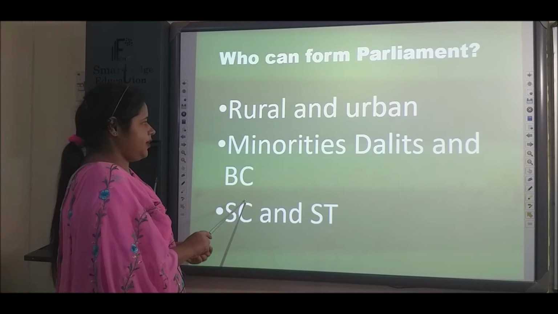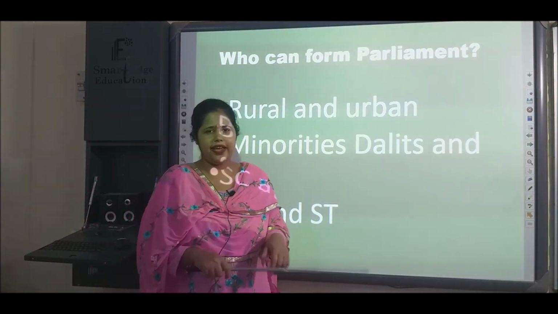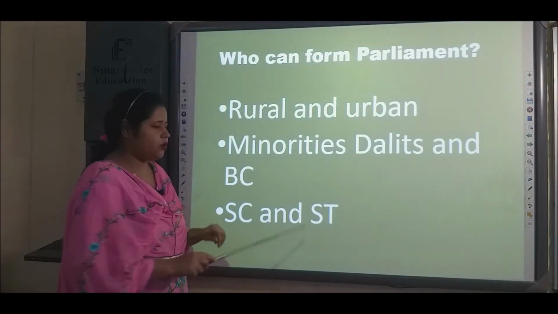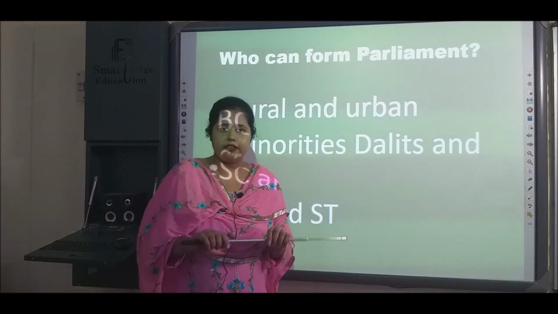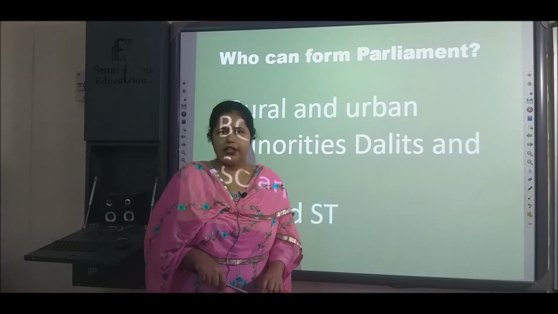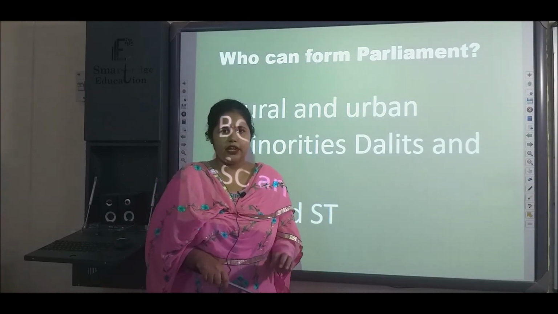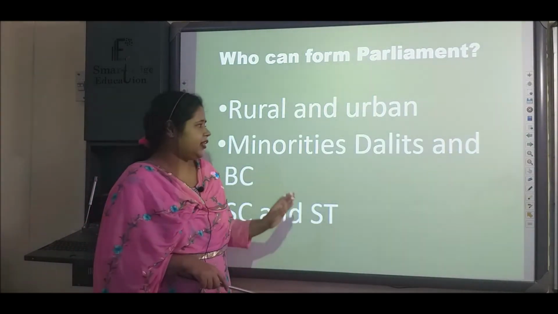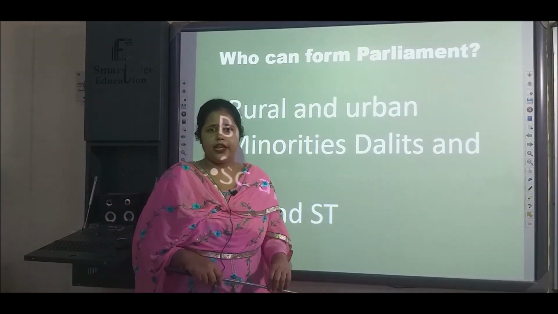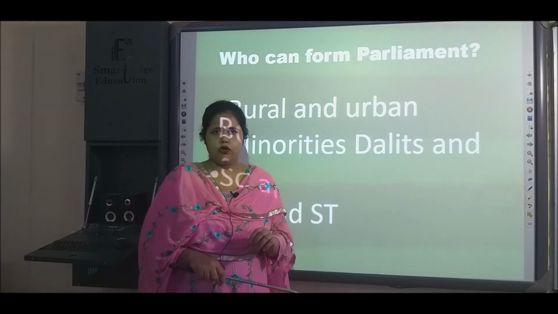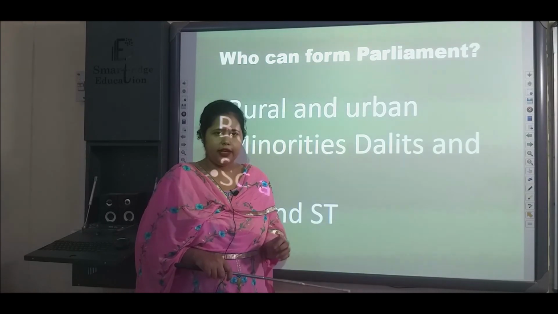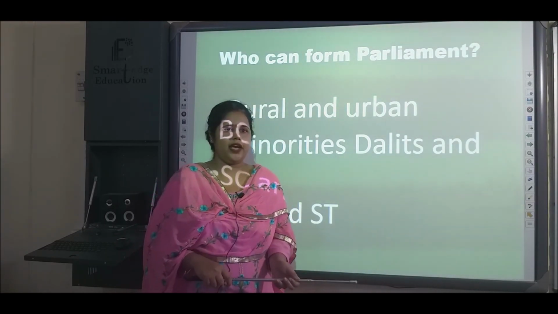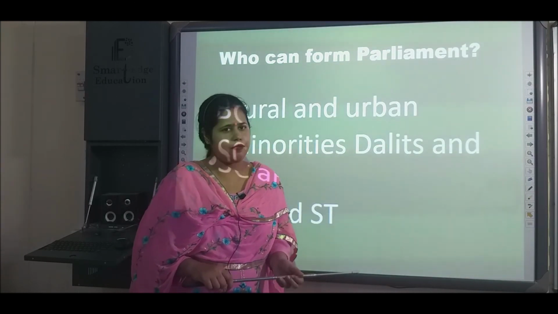Minorities, Dalits and BC, those who are Dalits and backward castes or the scheduled castes and scheduled tribes, have separate reservation in the parliament. What does it mean? That there are separate seats for these groups. So why is separate reservation given in the parliament to these SCs, STs or BCs? Because they should also feel the freedom and equality that is given by our constitution to each and every citizen of India.